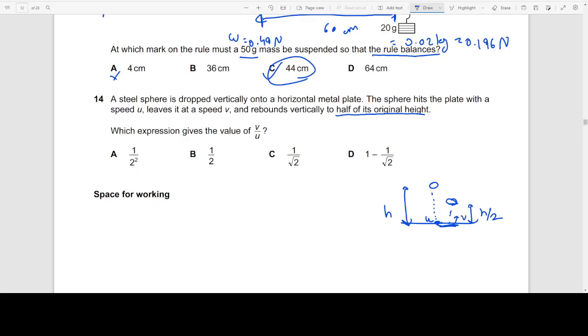So we just have to find this. We know that it was dropped from height h initially, so displacement is h, final velocity is u, initial velocity is 0, and a is, let's say, 10.